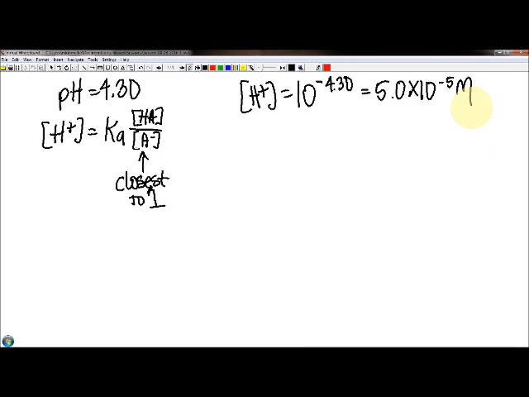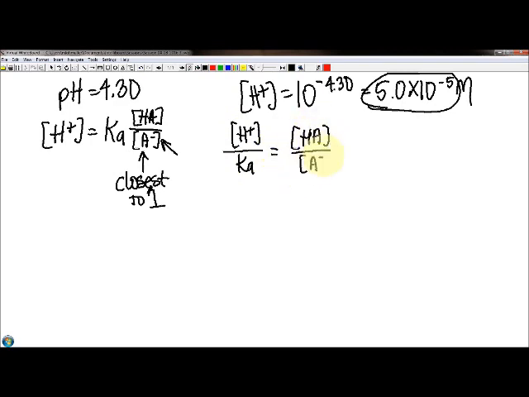If we rearrange and multiply over, so we have 2 on each side, if we take the H plus divided by the Ka, that is equal to the HA over the A minus. So that's why we're going to take the H plus we just solved for over the Ka given.